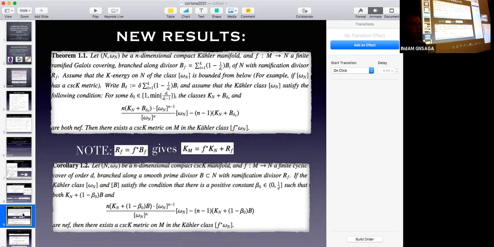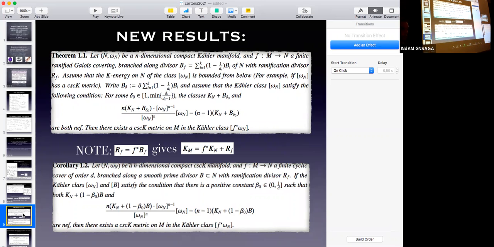It's just numerology applied to that. What I'm saying is that Chern's result actually applies with a broader range of coefficients for the branch divisor, essentially coefficients of the same line bundles.